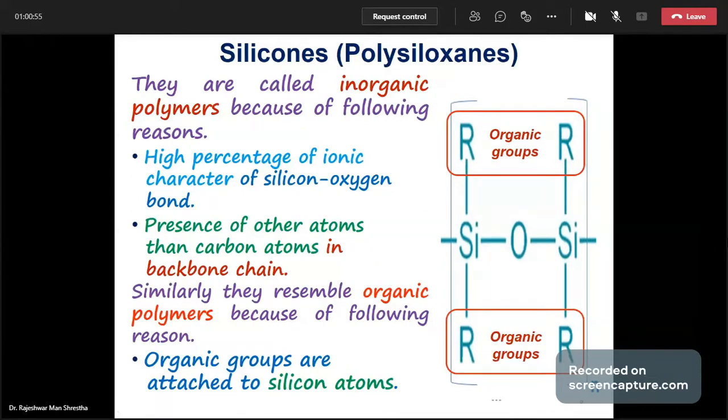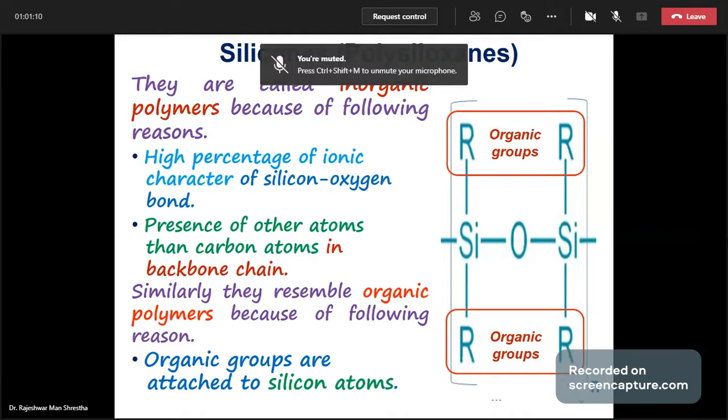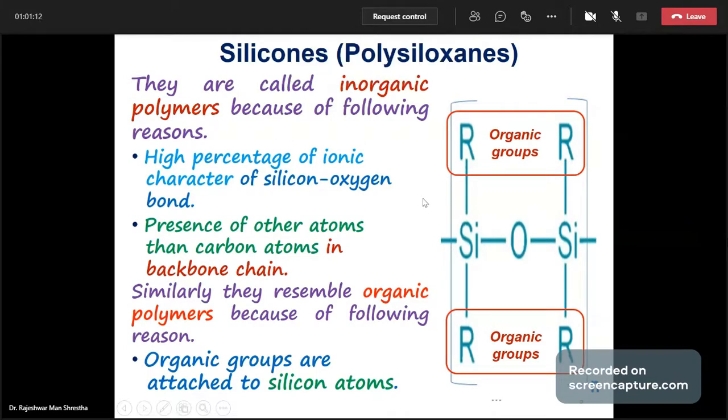Now, why are silicones called inorganic polymers? Silicones could be called organic polymers, but they are 25% organic and 75% inorganic, so finally we can call silicone an inorganic polymer. They are called inorganic polymers for the following reasons.